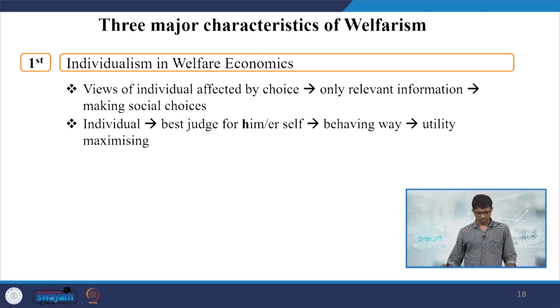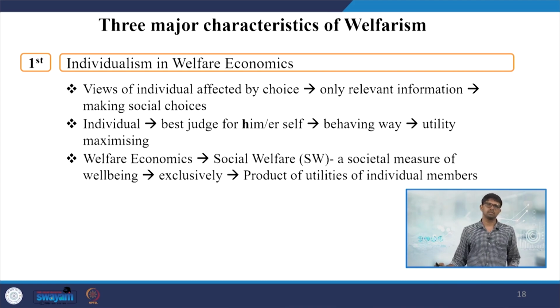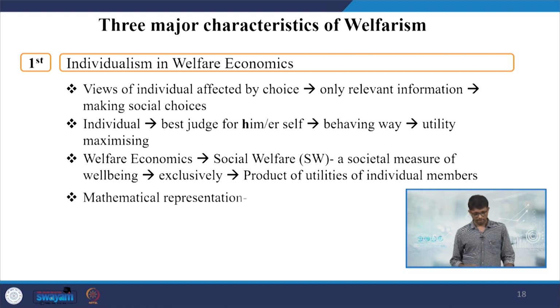The individual is the best judge of him or herself, behaving in the way that will maximize his or her utility. Hence, in welfare economics, we discuss the social welfare context, that is a societal measure of well-being, exclusively identified as a product of the utilities of the individual members, cumulatively optimizing the social welfare.